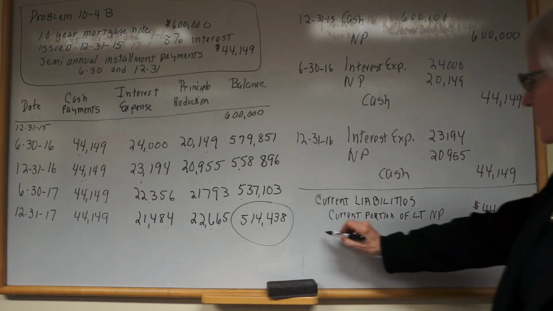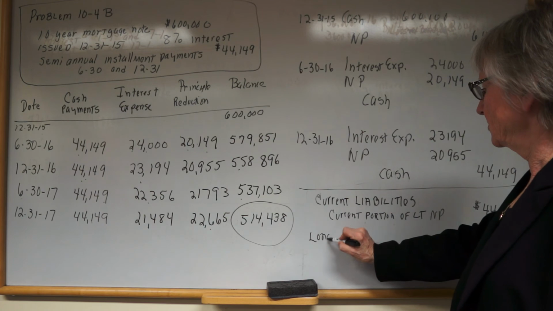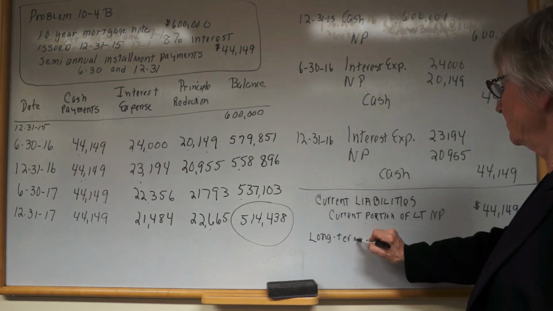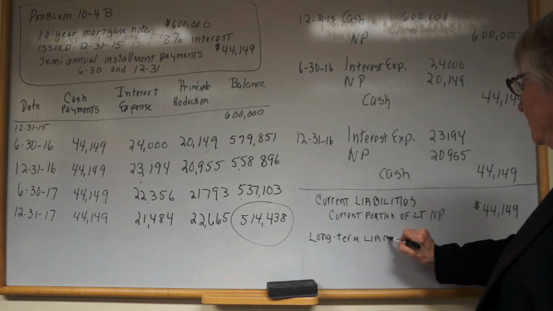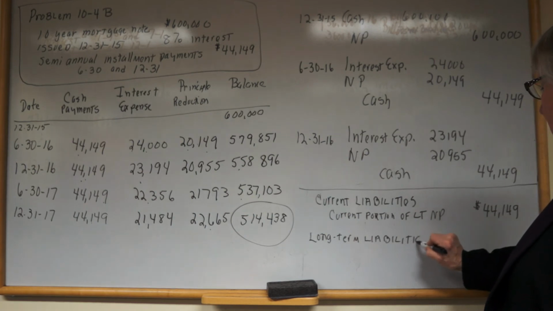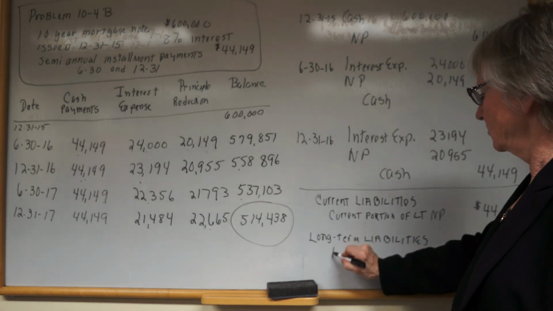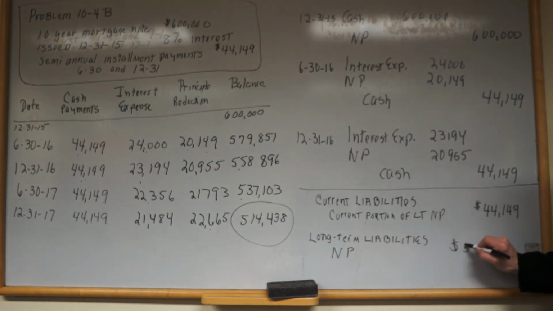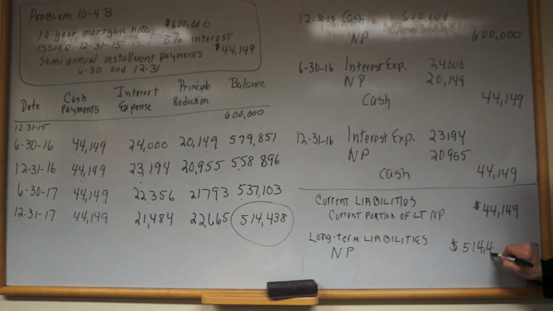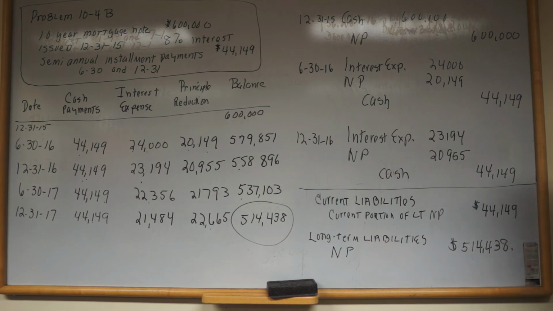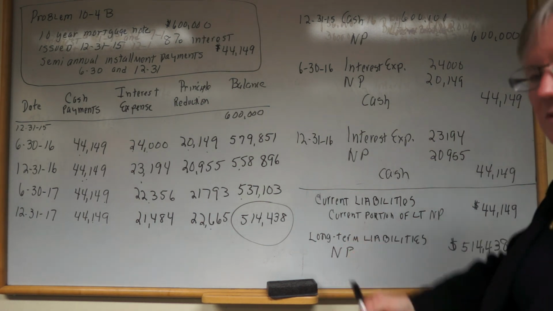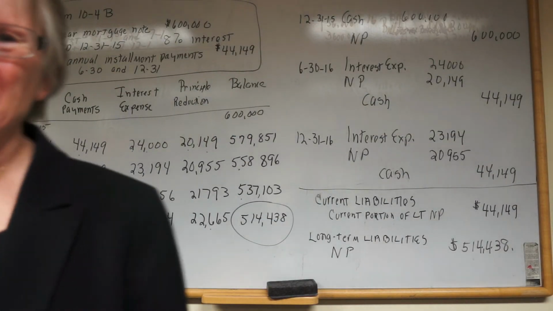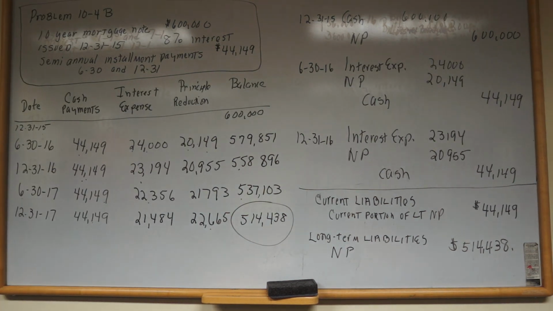And then we would have our long-term liabilities. And we would just have our long-term note payable of the 514,438. And just in the name of time, I am abbreviating here on a statement. You obviously wouldn't do that. Okay, and I think that takes us through what we need to know for our long-term notes payable.